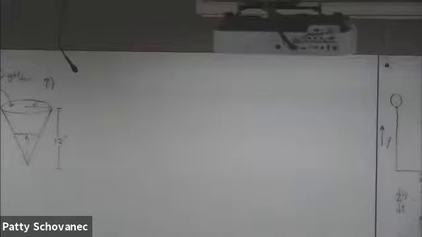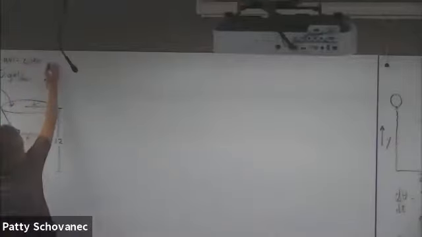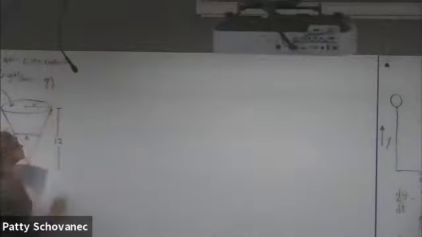Is that one-third r squared h? What formula are you pulling out? Volume? If a gallon is 0.134 cubic feet, what kind of thing is measured in cubic units?